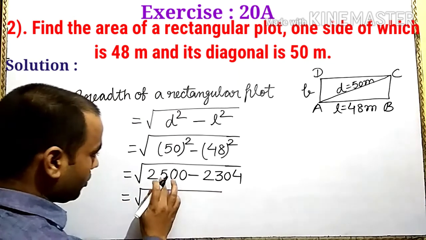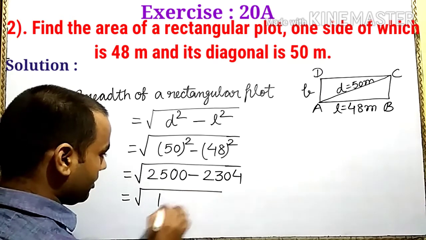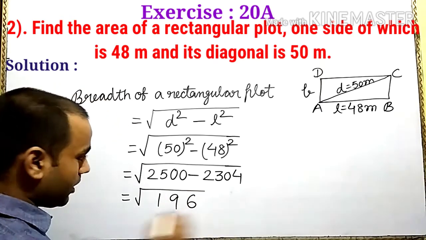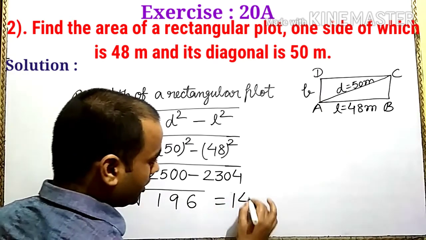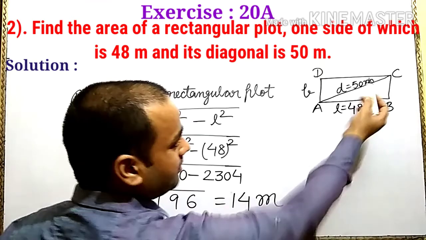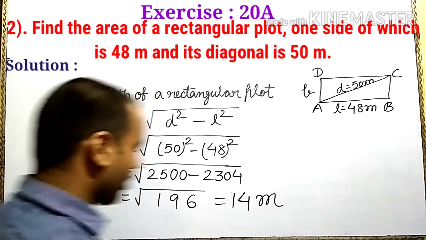Square root of 2500 minus 2304, we get 196. Square root of 196 is 14 meter, because all the data is given in meter.